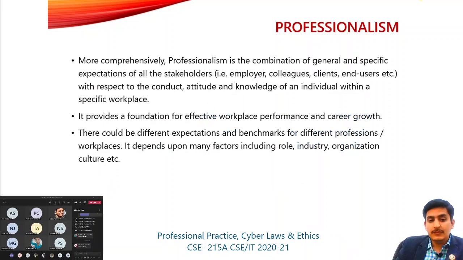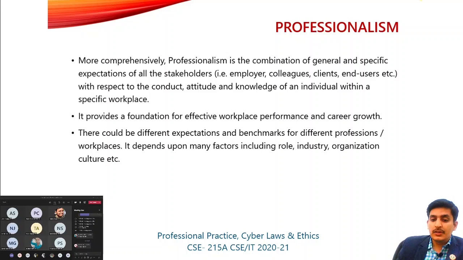Okay. More comprehensively, professionalism is the combination of general and specific expectations of all the stakeholders. दूसरे शब्दों में कहें, when we are not talking about ourselves, professionalism is more about fulfilling the expectations of everyone that is involved with us.